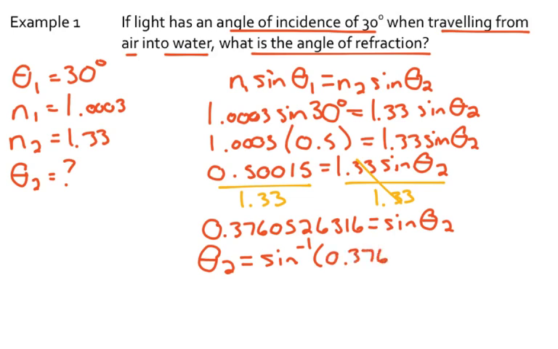We need to do the arc sine of 0.37605 26316. To accomplish that on the calculator, you'll press the second or the shift button before you press the sine button. Then you'll type in the decimal, and you will get that theta 2 should be 22 degrees.